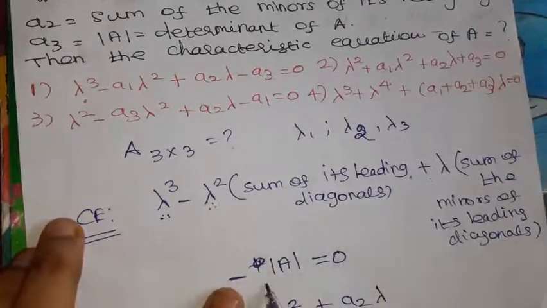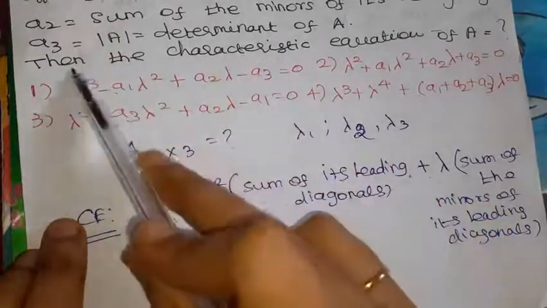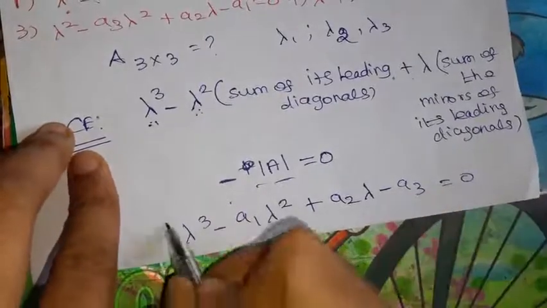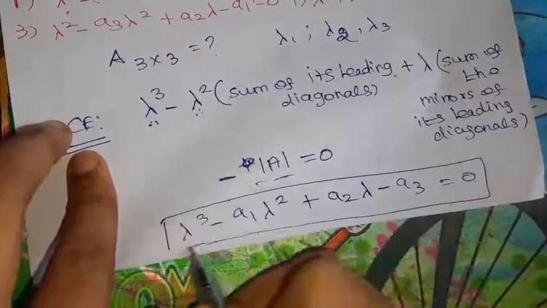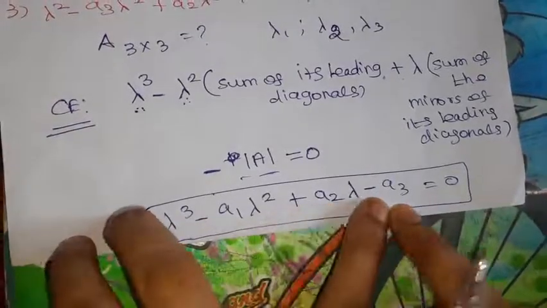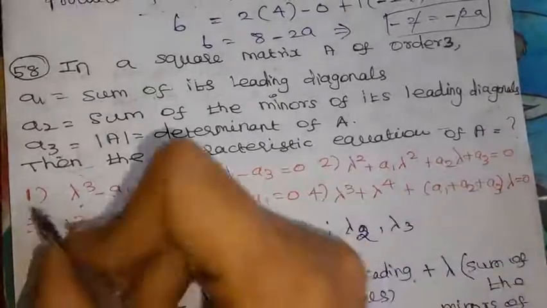Then minus determinant of A, which is denoted as A3. So lambda cube minus A1 lambda square plus A2 lambda minus A3 equal to 0. Option 1 is the right option.